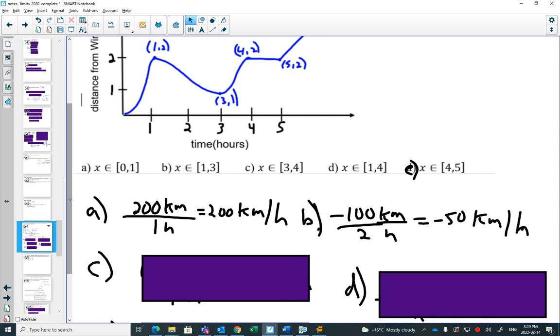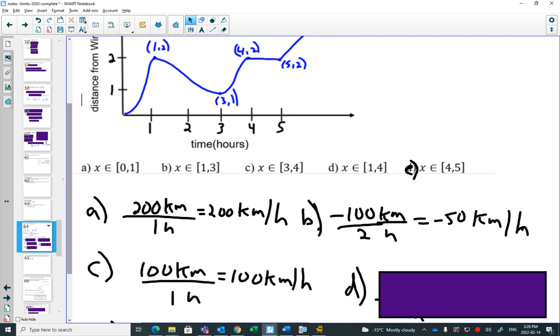From 3 to 4, yes, you've gone up 100 kilometers in 1 hour. Looks like you're following the speed limit, but maybe that was a 20 zone, and that's why you got stopped right here.